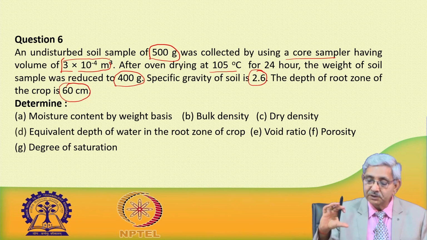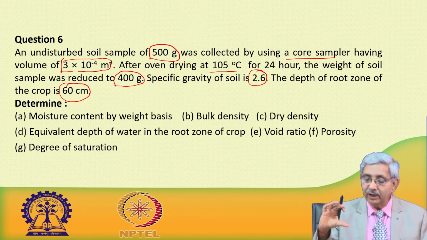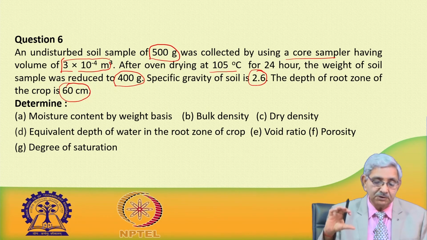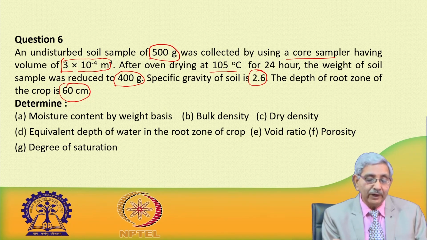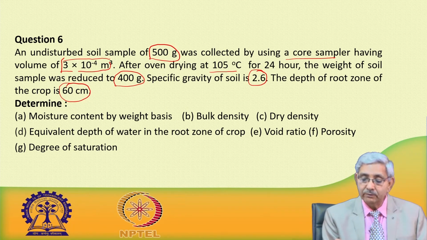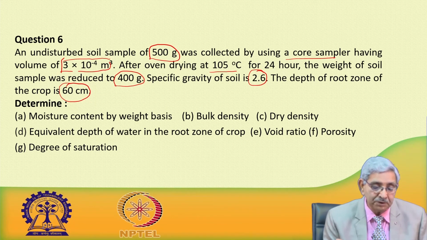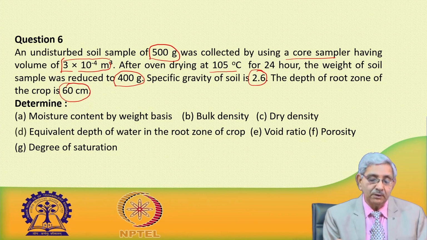The depth for which we will be finding out the values is 60 centimeter, and the core cutter volume or core sampler volume is 3 into 10 to the power minus 4 cubic meter.